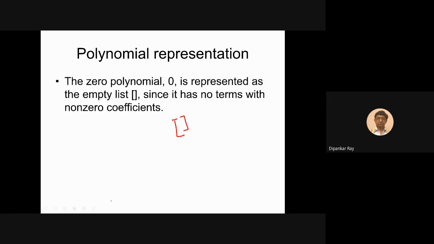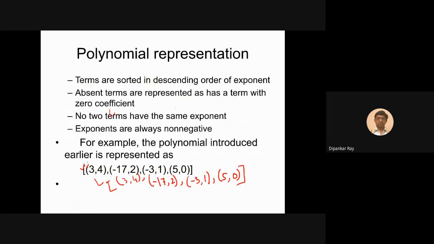Say another polynomial is there: 30, 4, comma, 5, 3, comma, 2, 2, comma, 7, 1, comma, 3, 0.